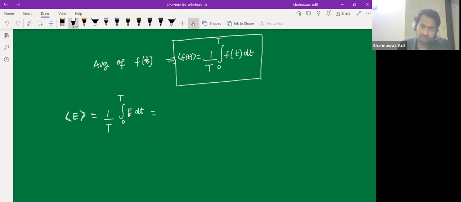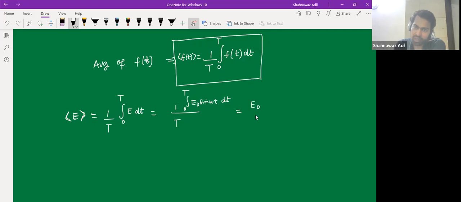So now we can put the value of E. This would be the integral from 0 to T of E naught sine omega t dt, right? E naught is constant, so we can take it outside.